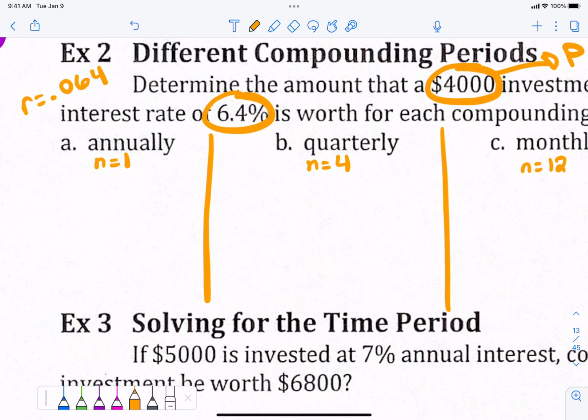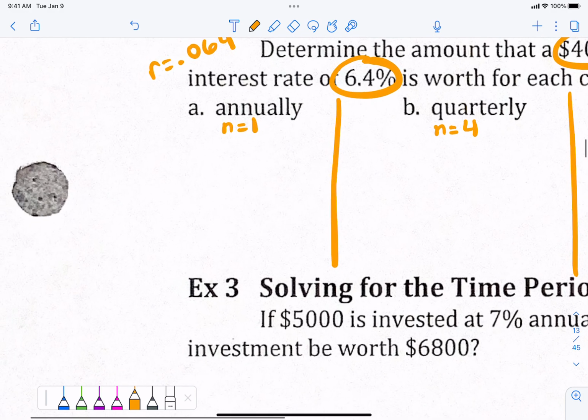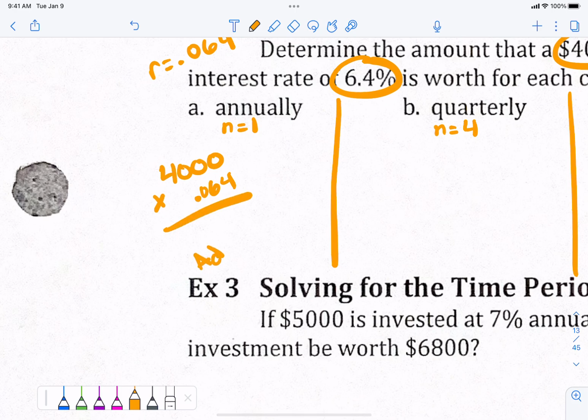When you're compounding annually, don't write this down, but this is what it means: $4,000 is what I'm starting with. We're going to multiply that by 0.064, and then add it back onto the 4,000. That's what this process looks like for annually. You're only taking your interest rate once and adding it back to the principal, and that's the amount of money you get.